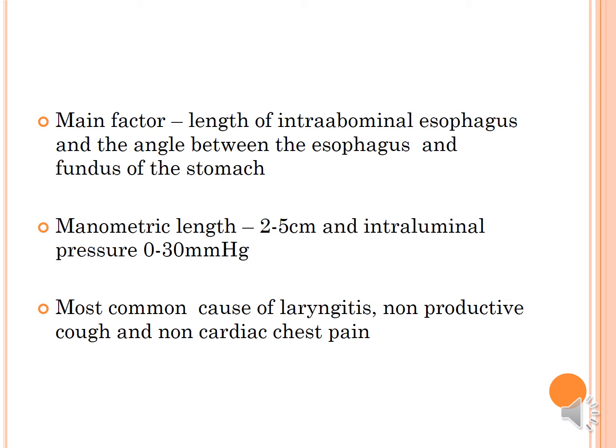One of the main factors here is the length of the intra-abdominal esophagus and the angle between the esophagus and the fundus of the stomach. In this condition, the manometric length will be around 2 to 5 centimeters and intraluminal pressure around 0 to 30 millimeters of mercury. It is the most common cause of laryngitis, non-productive cough and non-cardiac chest pain.